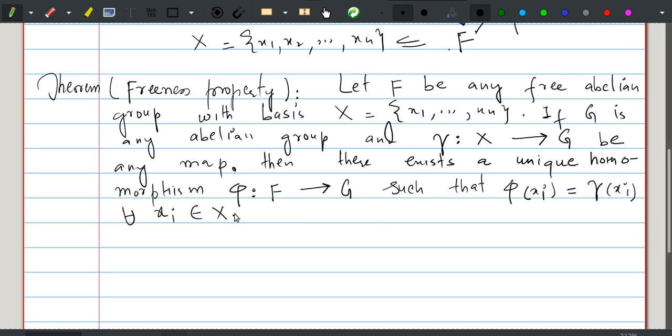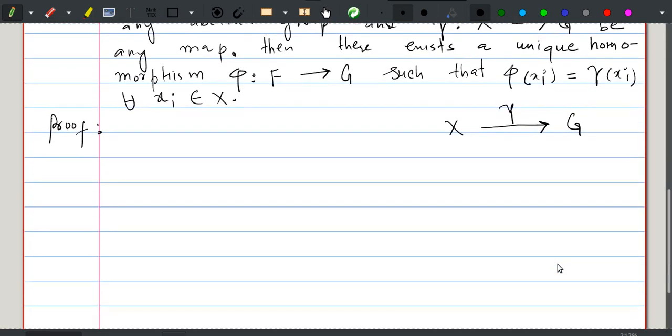Now let us prove this theorem. So this is our abelian group G and this is our basis X. So we are given a map gamma from X to G, and from X to F we have this inclusion map. Let us denote it by i.